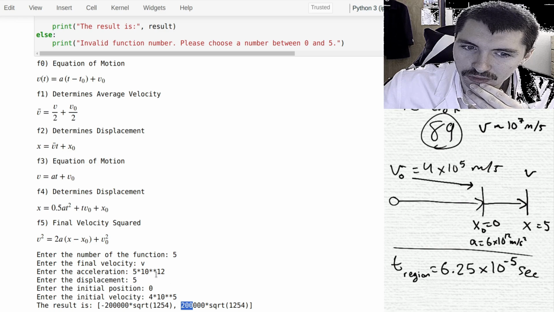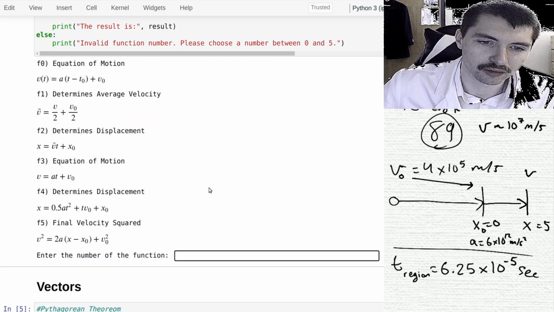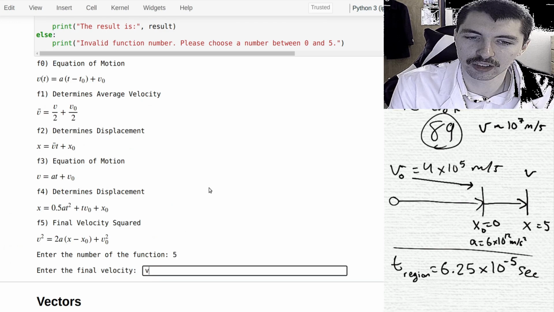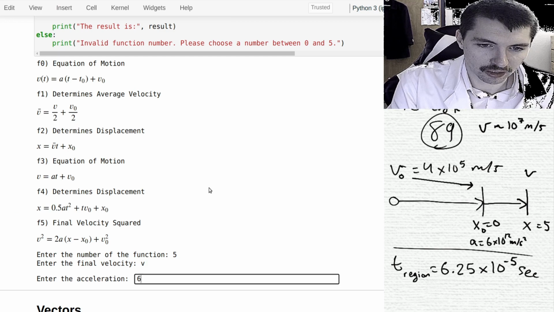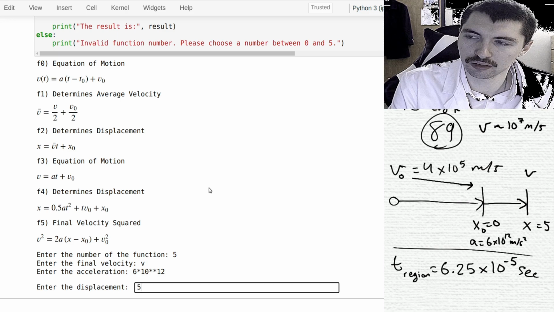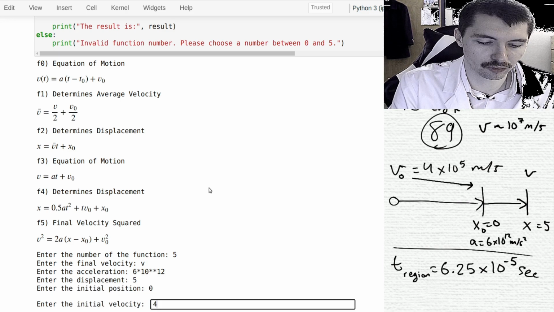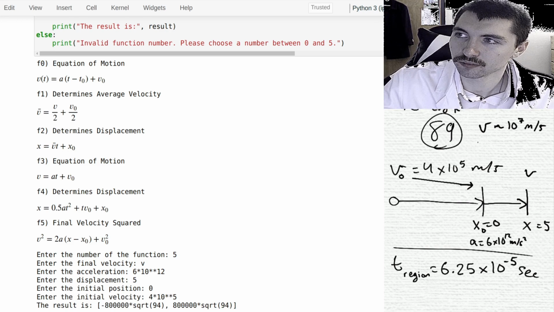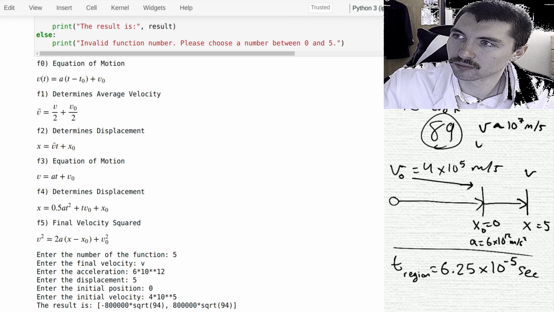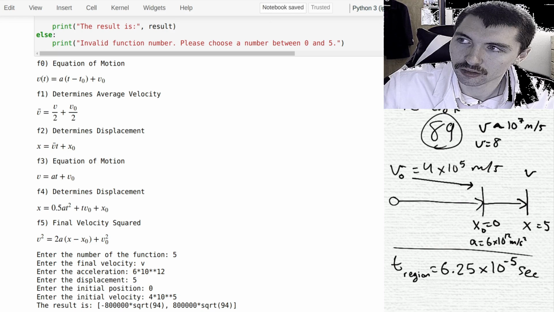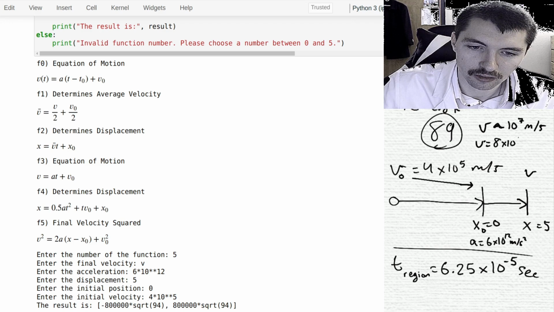Five times 10 to the 12. Oh, that makes sense. Final velocity v, 6 times 10 to the 12, 0.06, 4 times 10 to the 5. V is equal to 8 times 10 to the 5.